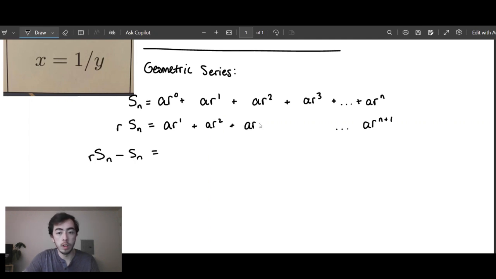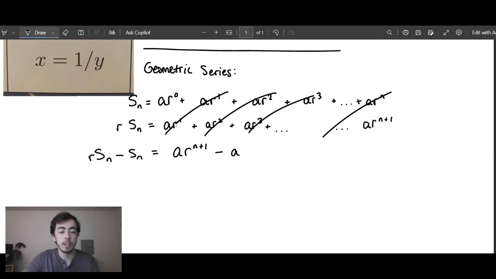And basically, all of these middle terms are going to cancel out, except for I think just two of them, actually. Because if I do this bottom sum minus this top sum, all of these terms are going to cancel out, except for a r to the n plus 1 minus a, because again, r to the 0 is just nothing, it's 1.